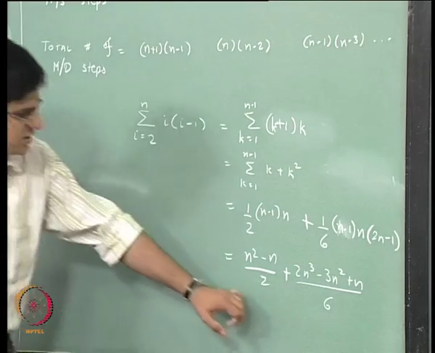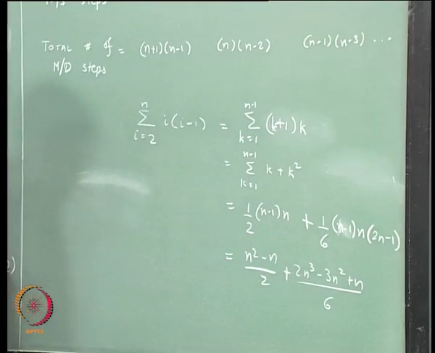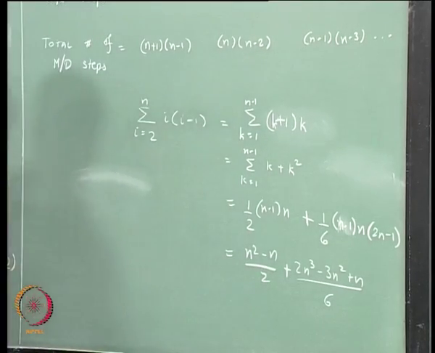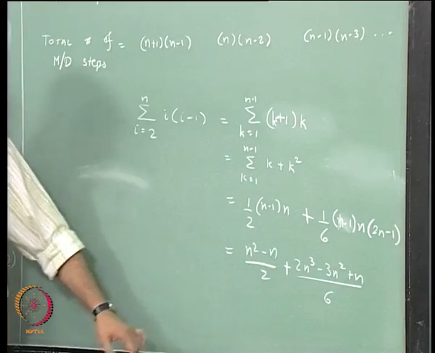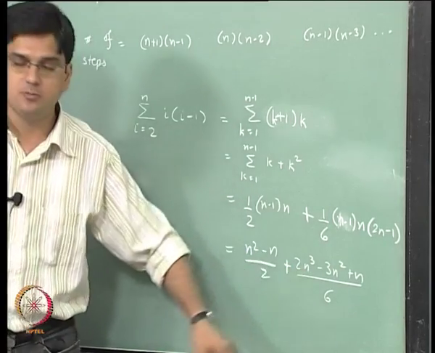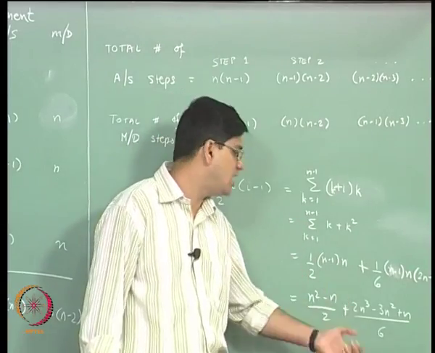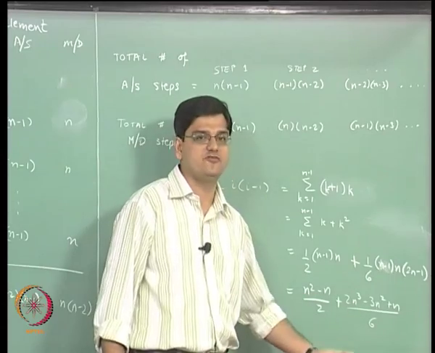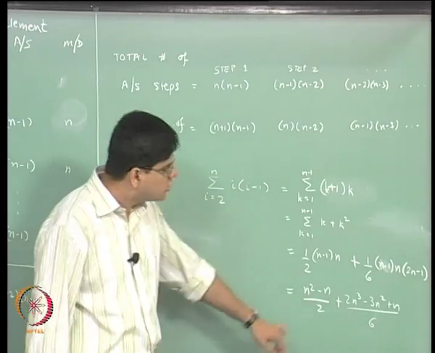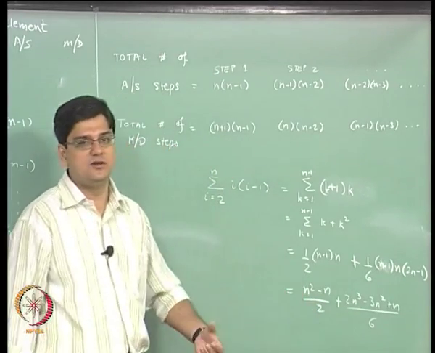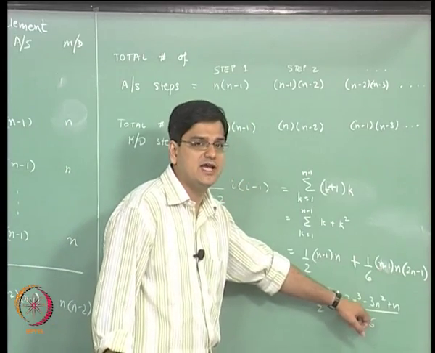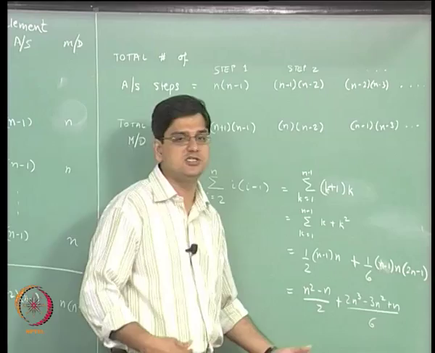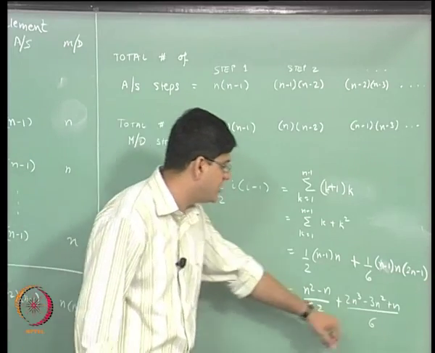Okay. If these are the number of addition subtraction steps that we have, look at the leading term over here. Let us say n is moderately large, say n is 10. Even if n is 10, n cubed is one whole order of magnitude larger than n squared and 2 orders of magnitude larger than n. So, as the number of elements or the number of variables starts increasing, n cubed becomes larger much faster than n squared or n.